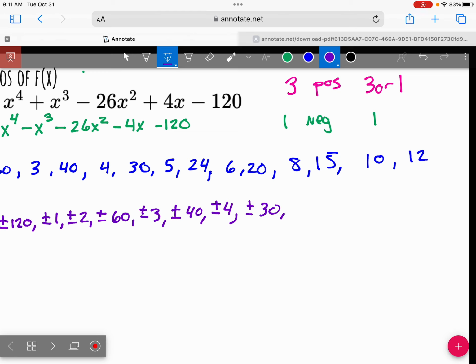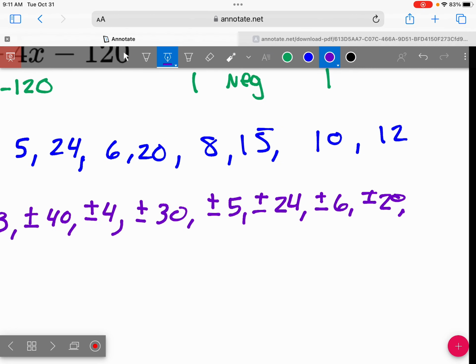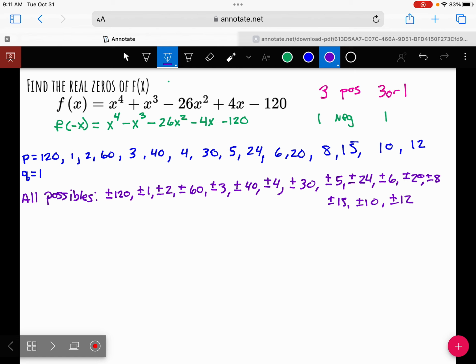I do not care what order you put. I am happy to search through your list and make sure we have all the things. And if you want to put the plus or minus in your initial list of p, I'm okay with that too. You don't have to make a separate list for your all. But this gives our all possible options.